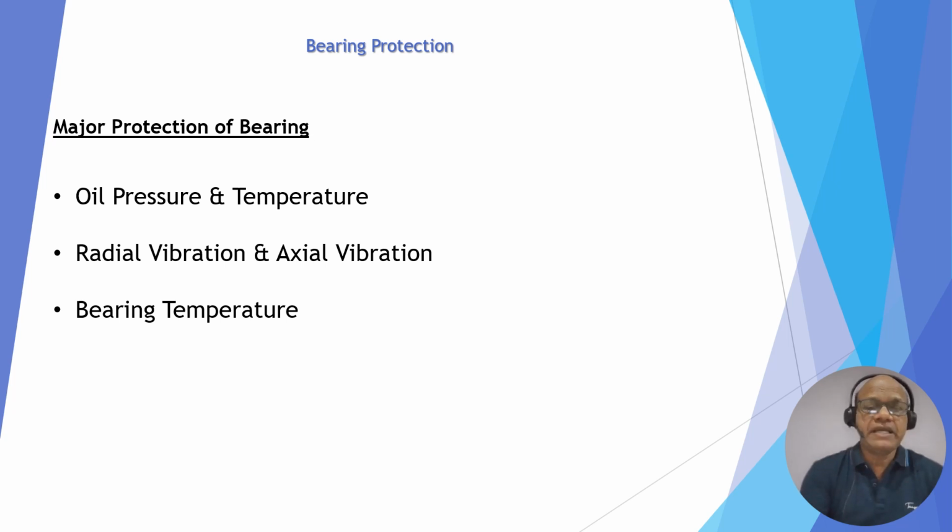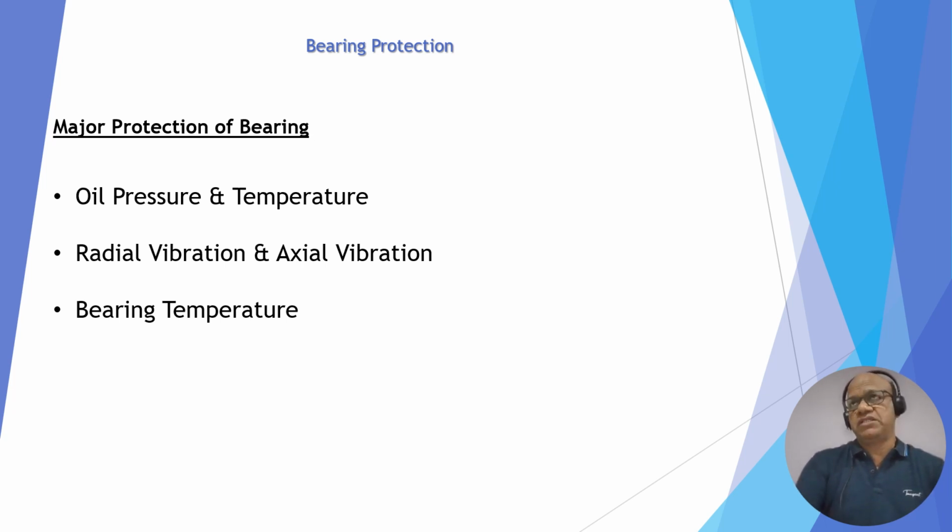The last one is the bearing temperature. Bearing temperature is also very important, and it also depends on manufacturer to manufacturer. Some manufacturers give 88 degrees Celsius as an alarm, 93 degrees Celsius as a trip. Some manufacturers give 107 degrees as an alarm, 112 as a trip.